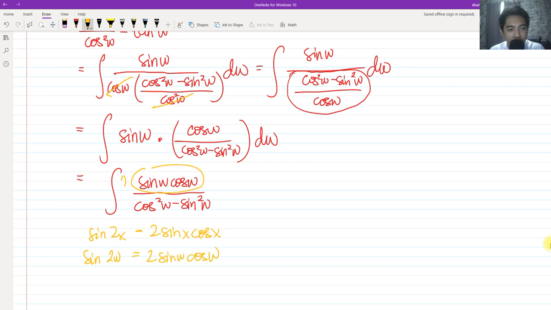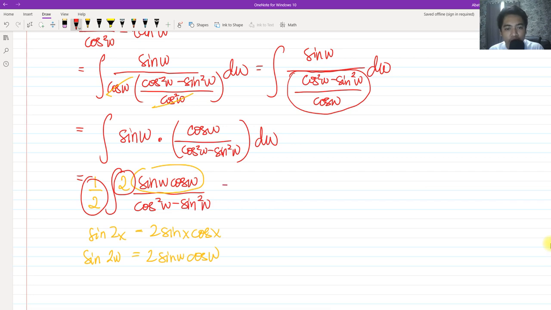So we can put a 2 here, but we offset it with the reciprocal, multiplying by 1/2, so that technically we are still multiplying by 1. We added a 2 there, and to compensate we added 1/2 outside of the integral sign.